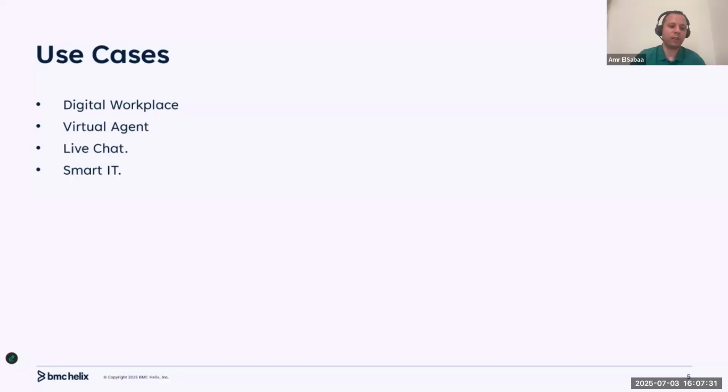We will also see Employee Navigator in our demo. For Virtual Agent, Helix GPT is an alternative for IBM Watson. IBM Watson required many trainings, and Helix GPT requires less training and can generate smarter answers for the users.